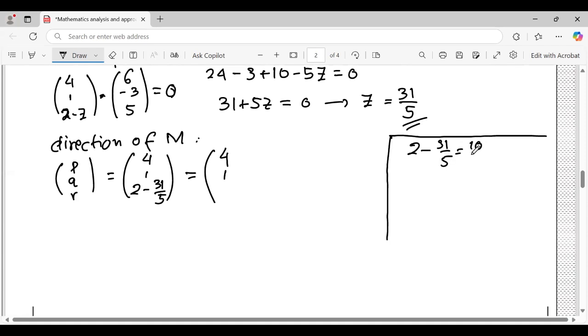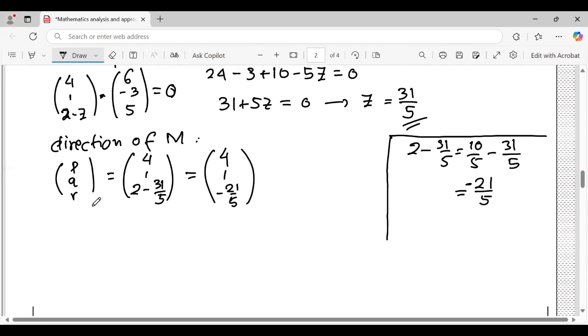This is 10 fifths minus 31 fifths, equal to minus 21 fifths. So this is minus 21 fifths.